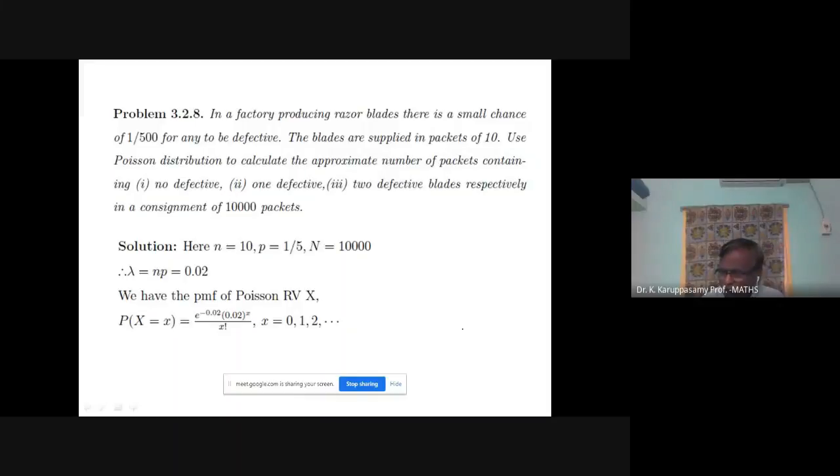Out of 10,000 packets, how many packets have no defect, 1 defect, 2 defects? Just find the probability, then multiply with 10,000. You may get the answer.